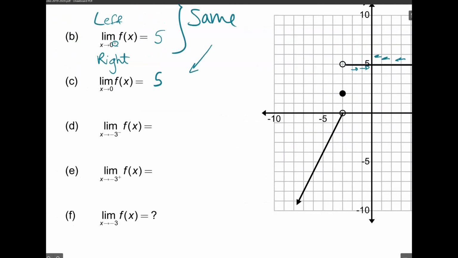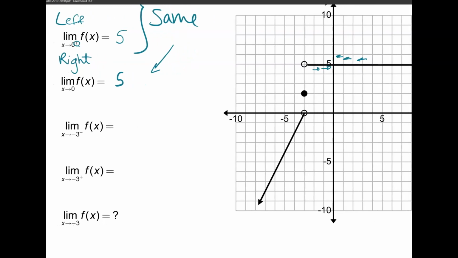What about D? Let's see. This guy is approaching from the left side. As we approach -3 from the left, what am I approaching? 0. I'm looking at the left-hand limit.